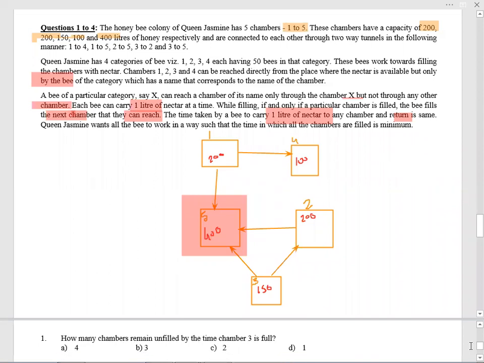How many chambers remain unfilled when chamber 3 is full? Chamber 3 full.